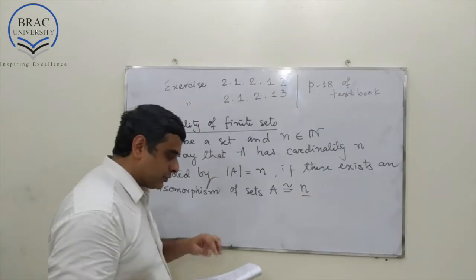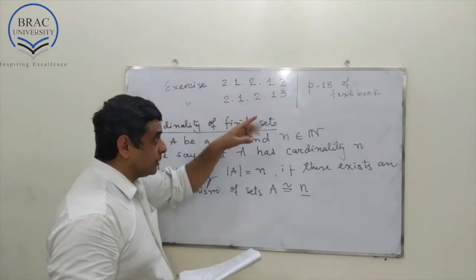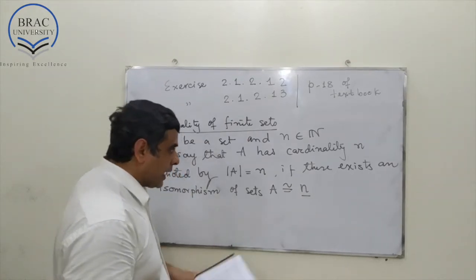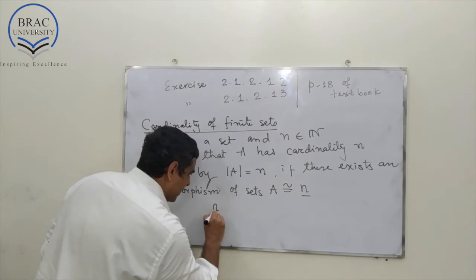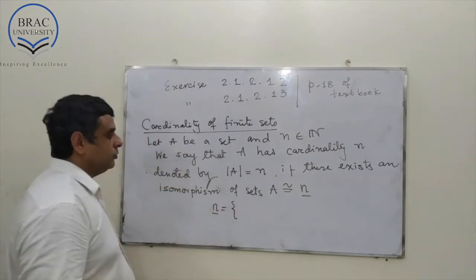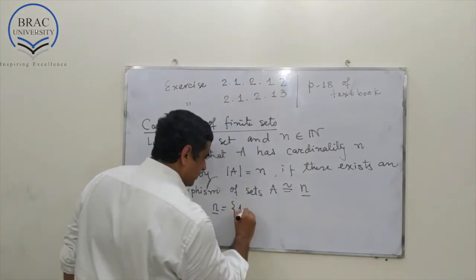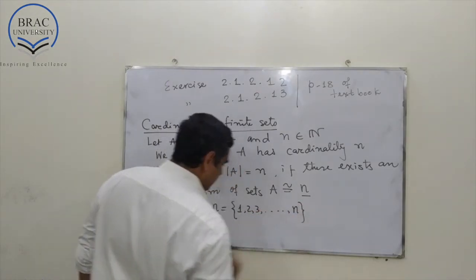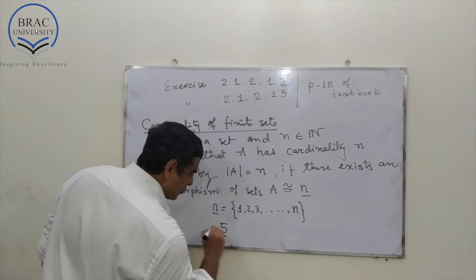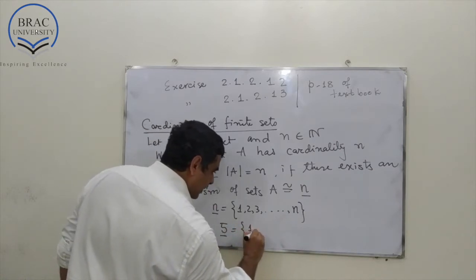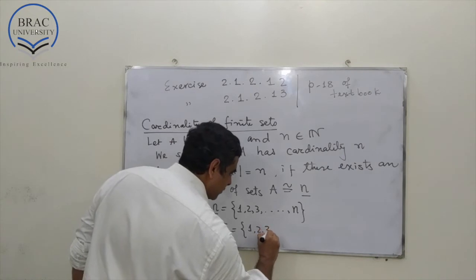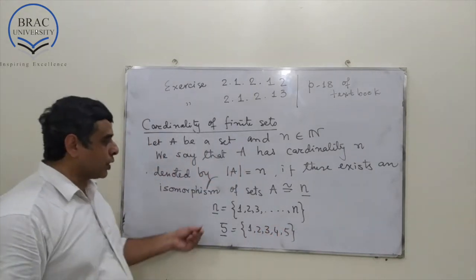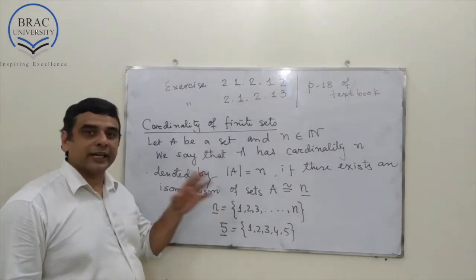As has been stressed in the exercise of the homework that I have given you a while ago, n underbar denotes the finite set 1, 2, 3 all the way up to n. Example, 5 underbar means the finite set with 5 elements, the first 5 natural numbers. So n underbar means the set of first n natural numbers.